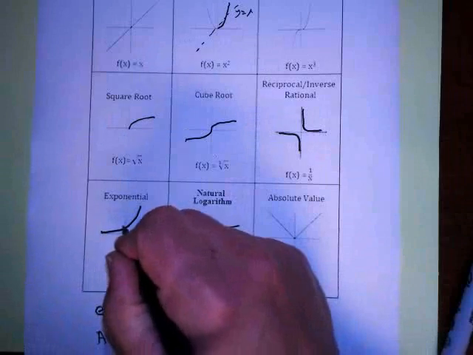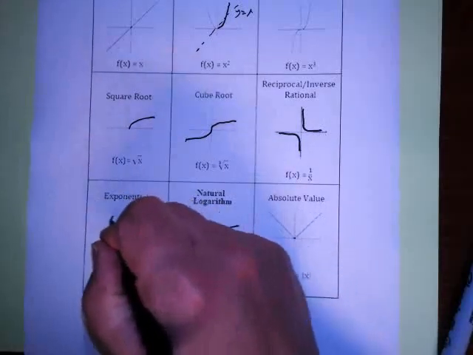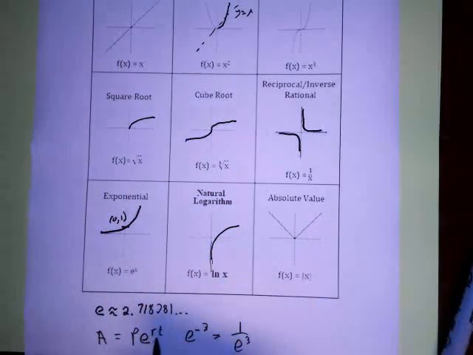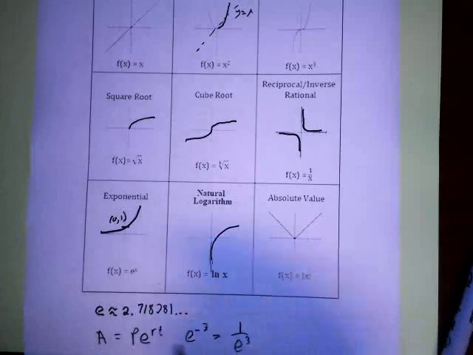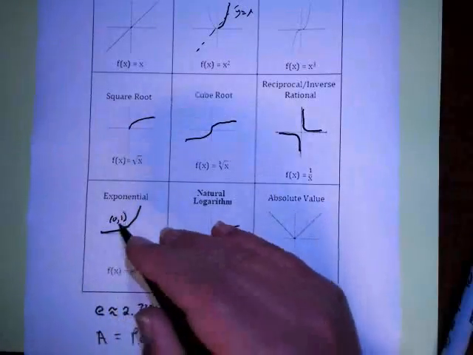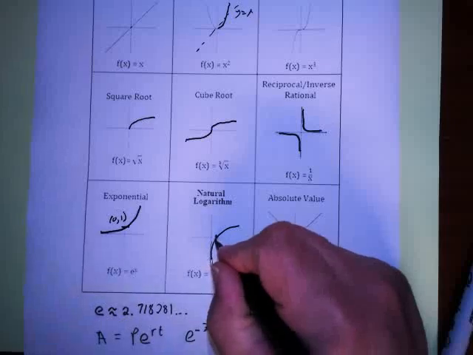And this here is always (0, 1), because when you raise anything to the 0 power you get 1. So if you put in 0 for x, e to the 0 is 1. And this thing will always be (1, 0).